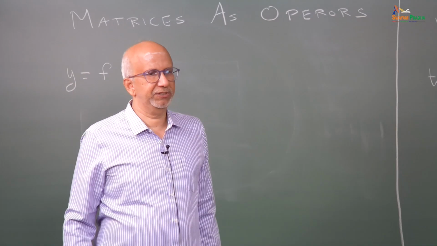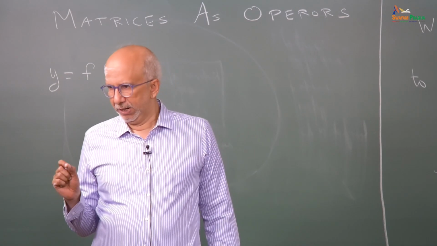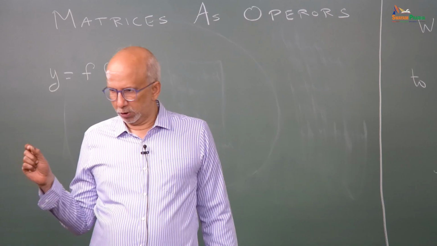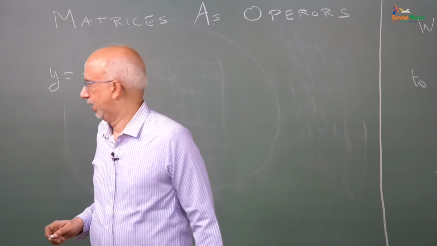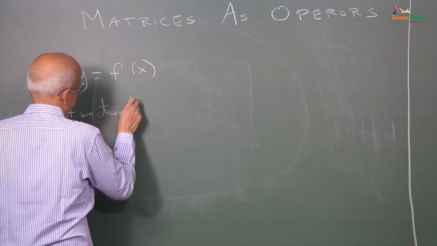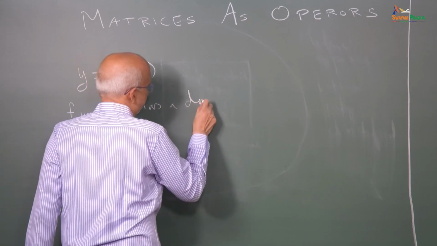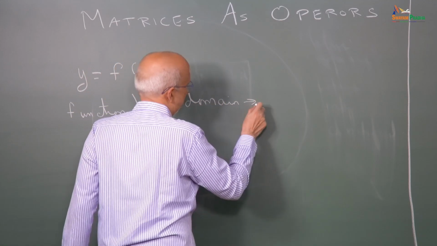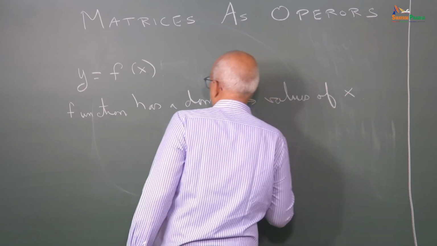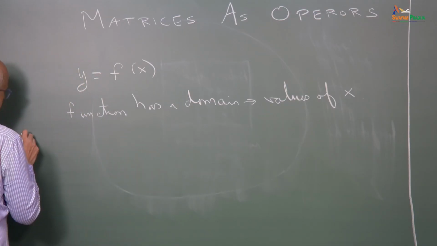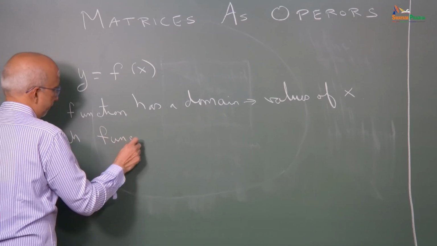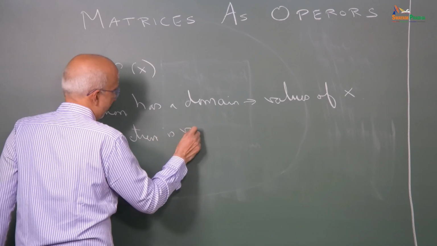If you have a function f of x, then this function f is defined on a domain. What is domain? The values of x over which this f acts. Okay. So the function has a domain, the values of x on which the function is valid.